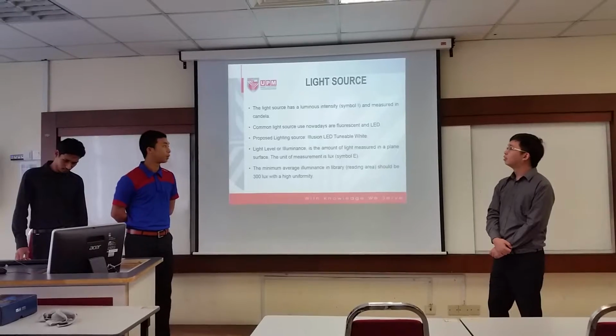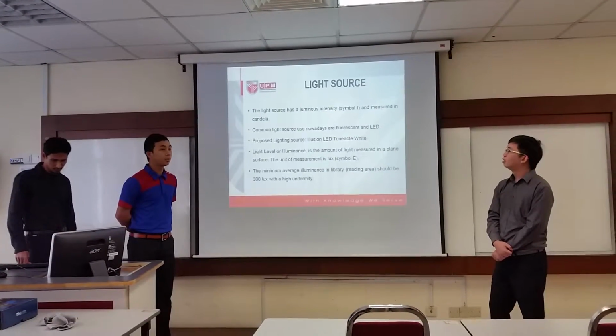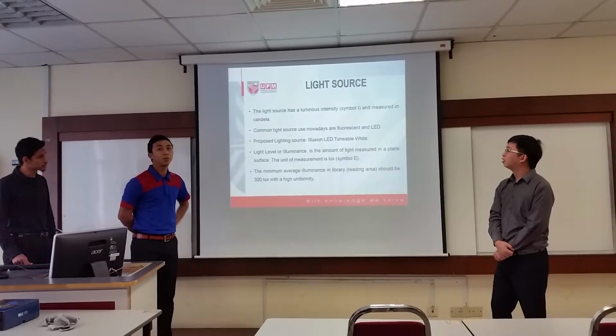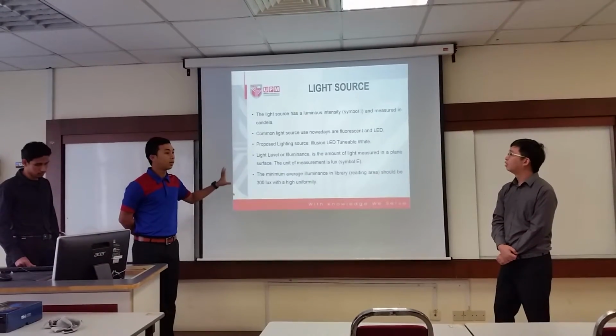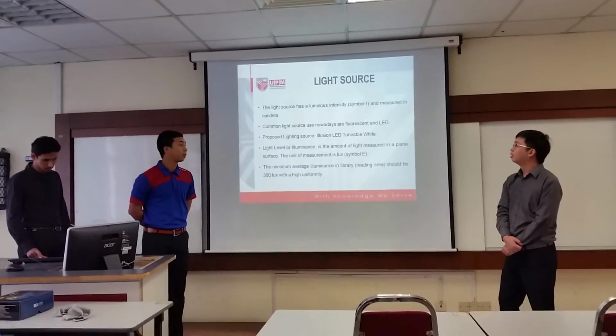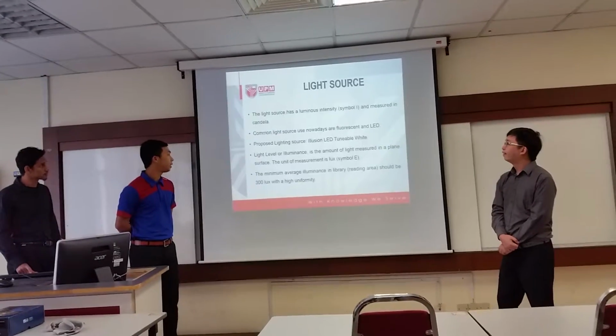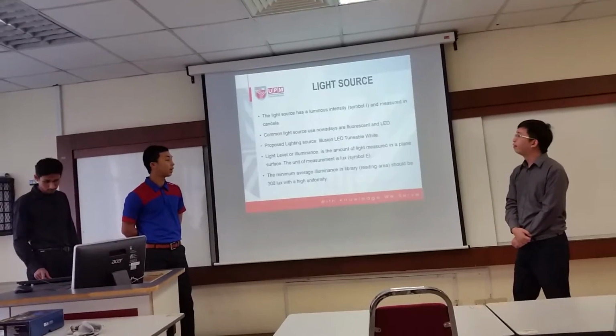The unit of measurement is lux. And for the standard that we use as a guide before we design this lighting system, the minimum average illuminance in a library, where we highlight the reading area, should be 300 lux with a high uniformity.